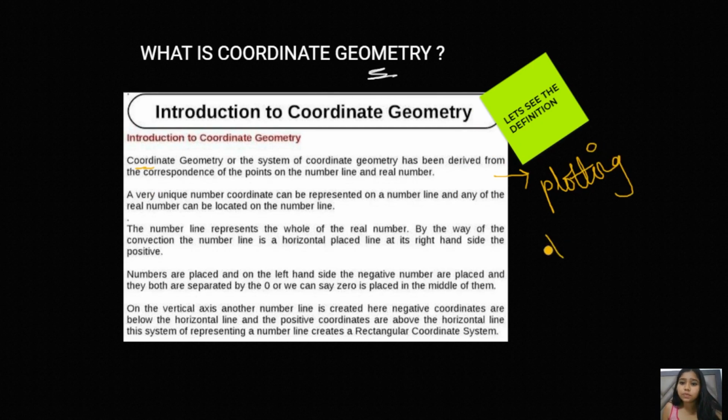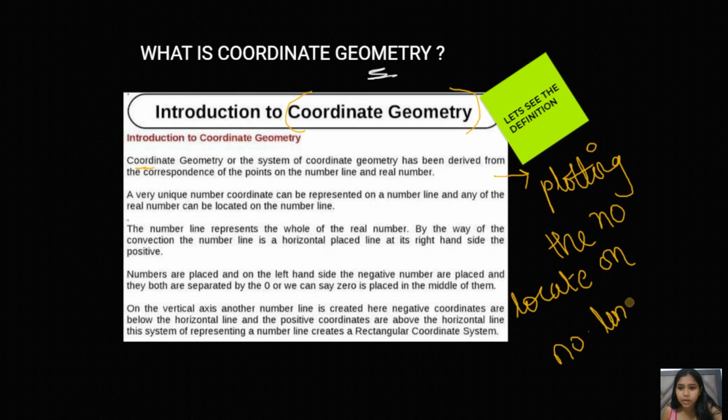You may think, how can we place some number on the number line or Cartesian plane, as I already told you in my last video on linear equations, how to plot the points and how to create a number line. So coordinate geometry is basically that only. It is to locate a particular point on a number line or Cartesian plane. This is what coordinate geometry is.